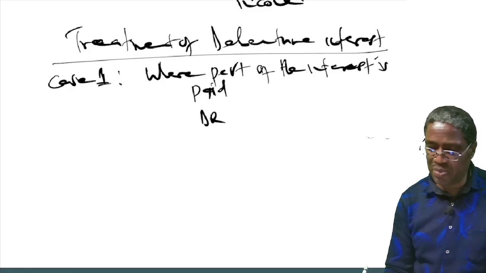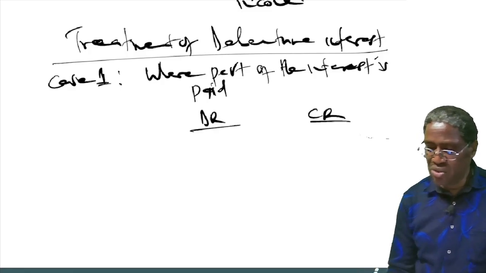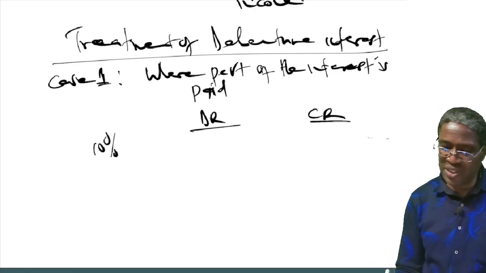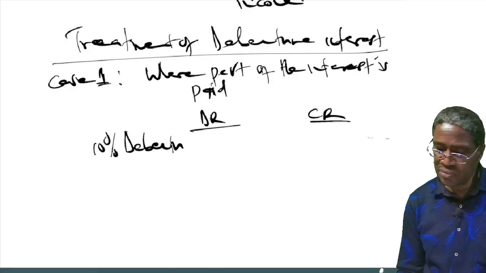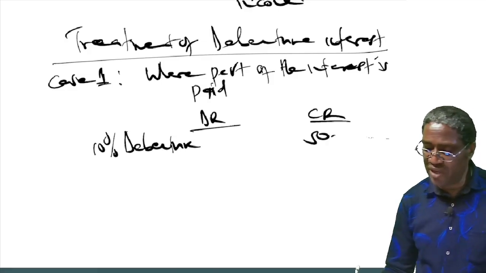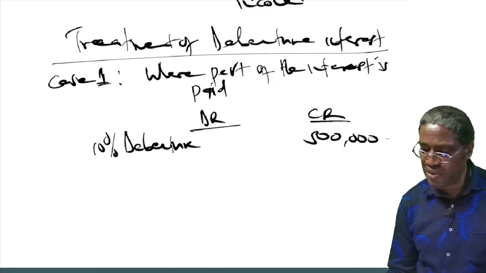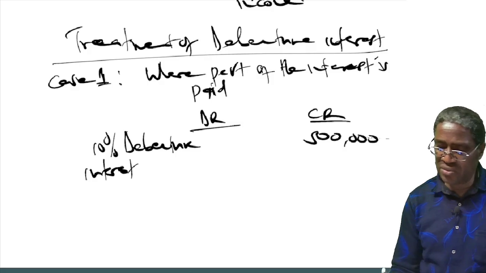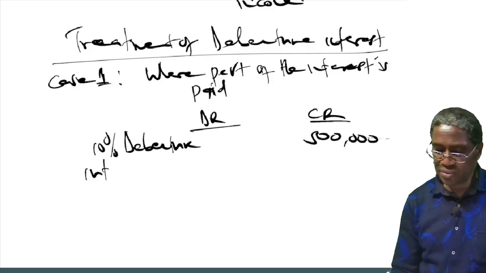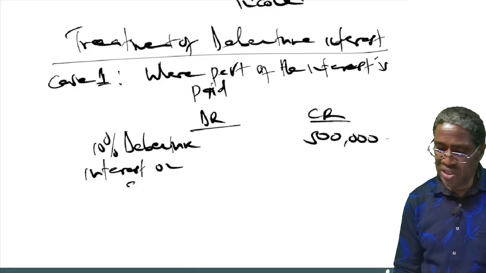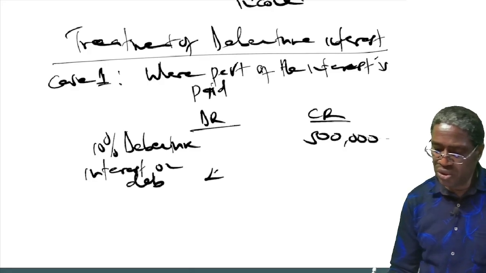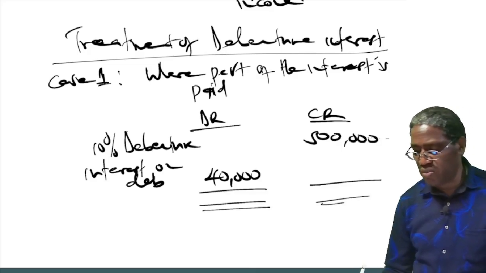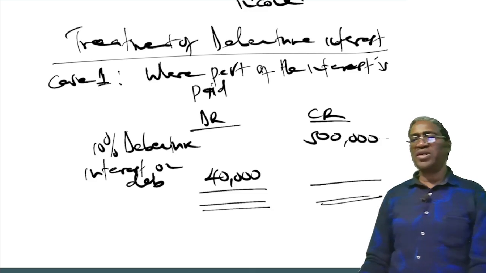Just assume like you're preparing a trial balance. In that trial balance, you say 10% debenture. Let me assume another 500 so that we can still remember. 500. Then in that trial balance, write interest on debentures. Put on the debit column 40,000. Then you show like you're closing the trial balance. So that was our case number 1.